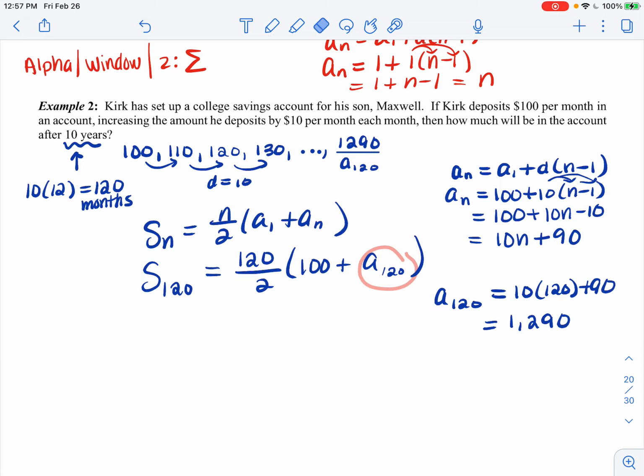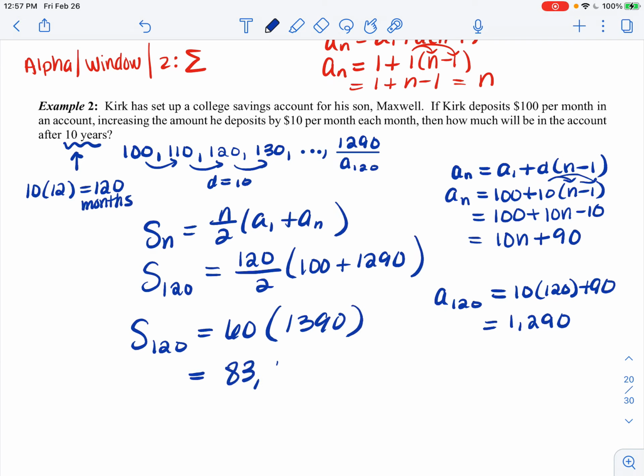So now I can come back to my series formula and plug that in. So now I know the constant sum between terms is 1390. And I know there are 60 pairs, 120 divided by 2. Again, you don't have to break it down like this each time. You could just plug it in. But if you multiplied that together, you would get $83,400.